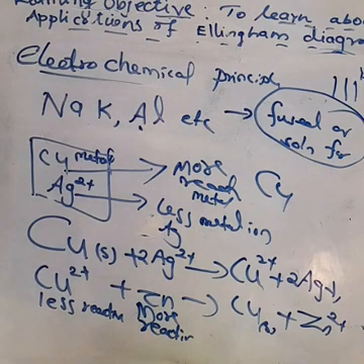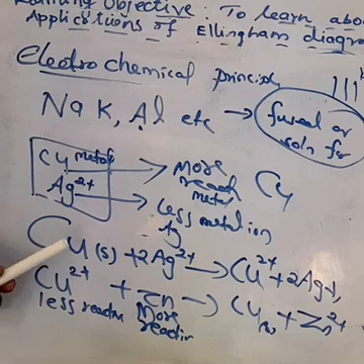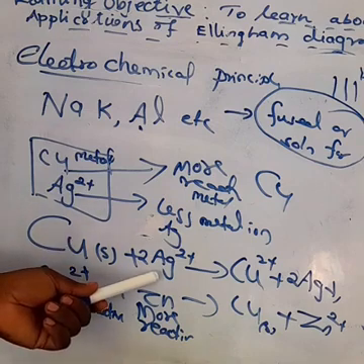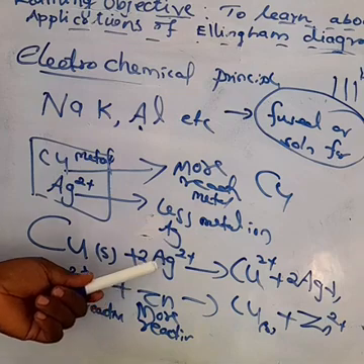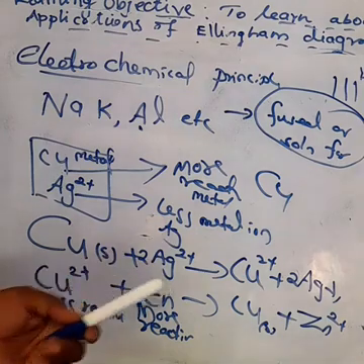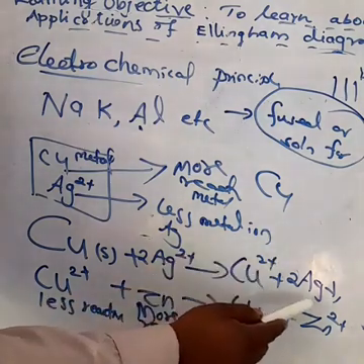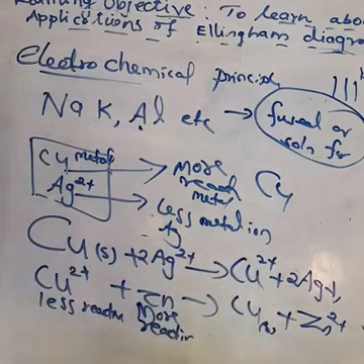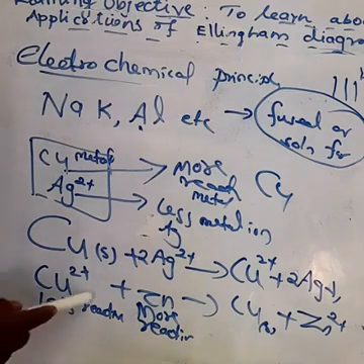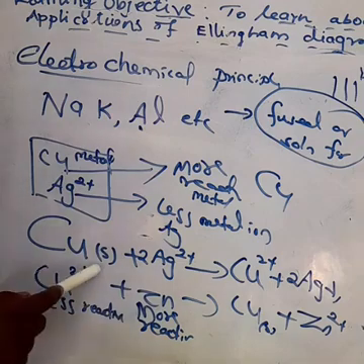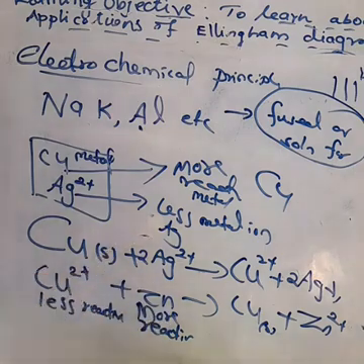Can you understand? In the first equation, copper is the more reactive metal, silver ion is the less reactive. On the product side, copper is the ion and silver is the metal. In the second reaction, comparing copper and zinc, copper is less reactive, zinc is more reactive.